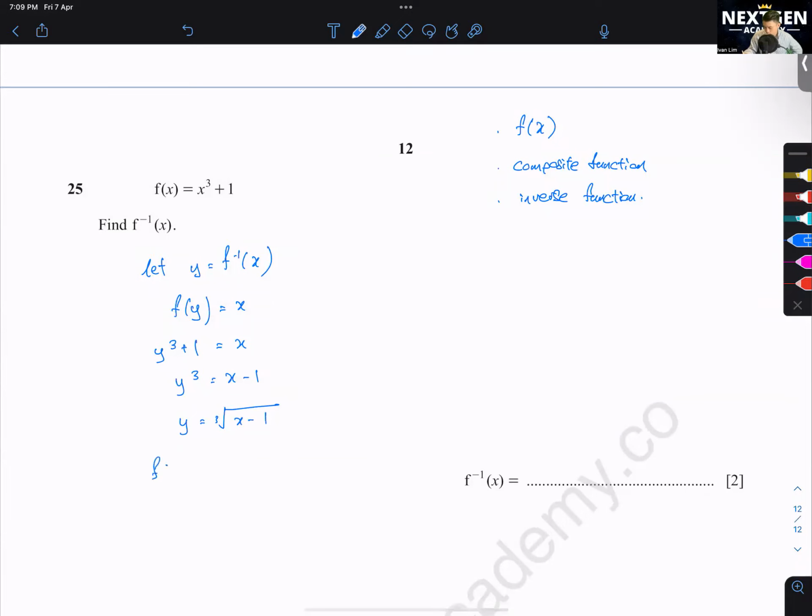Therefore, my f inverse x will be cube root of x minus 1. We always start with this statement, the way that I taught you all. I don't know which way your teacher taught you, but when I taught you functions, I always say we start with this statement here. We let y equals to f inverse x, then I inverse this.